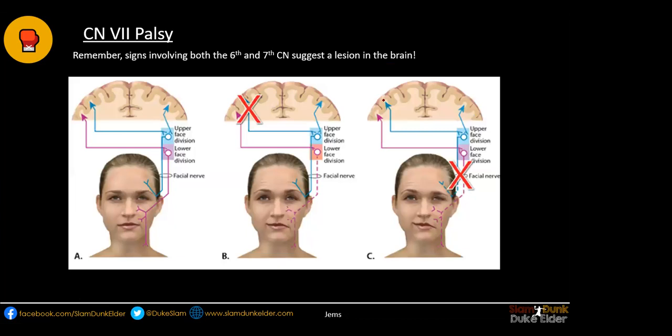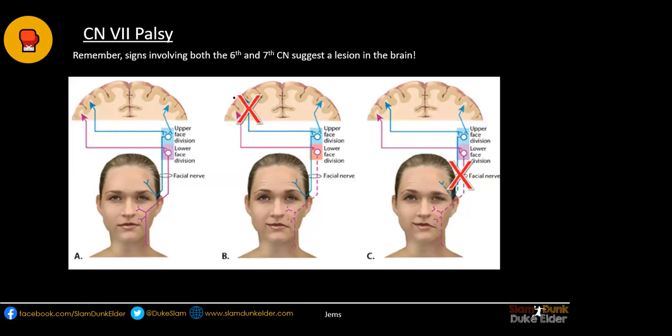And an important thing to note is how to differentiate your upper motor neuron causes and lower motor neuron causes for a facial nerve palsy. So as you can see from the diagram here, the upper facial muscles have bicortical innervation, but the lower facial muscles only get innervation from one side of the brain.